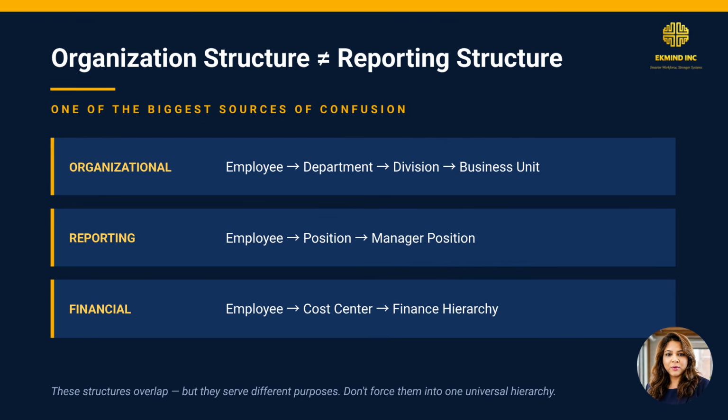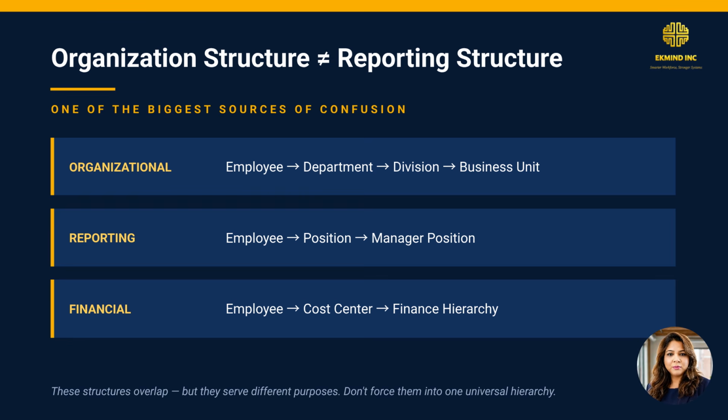Organization structure. This one causes enormous confusion. Your company might have legal entity, business unit, division, department, but your reporting relationship could be driven by positions. And your cost allocation could follow cost centers. And your operational structure might follow something completely different. These are not necessarily the same hierarchy.